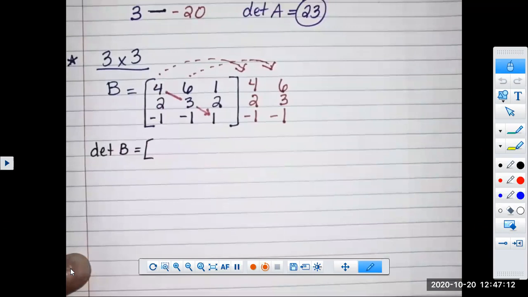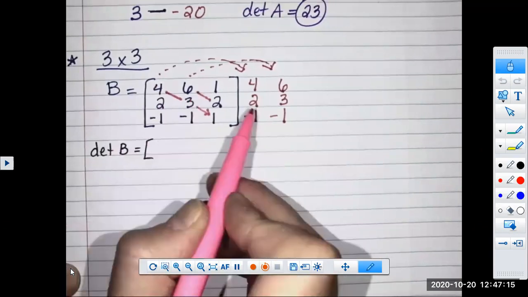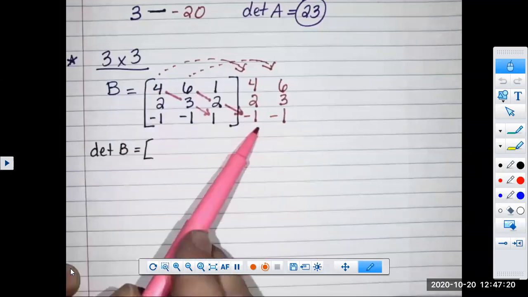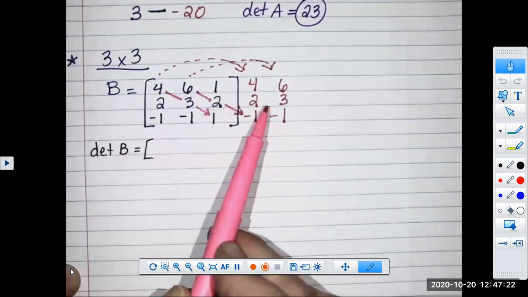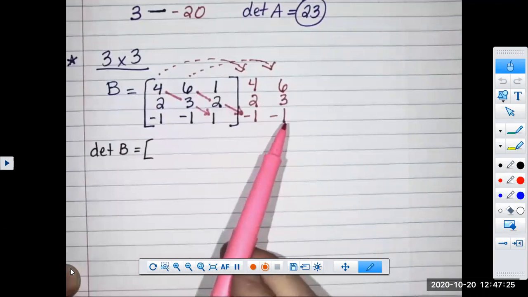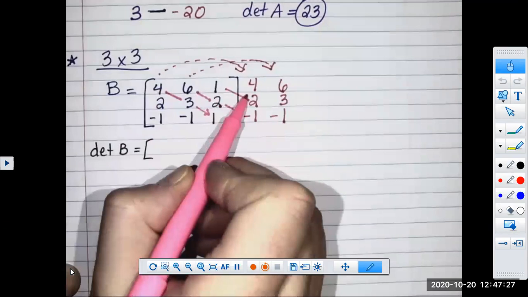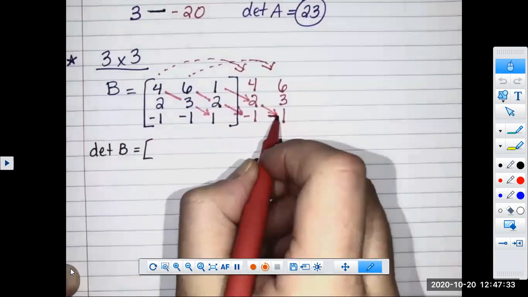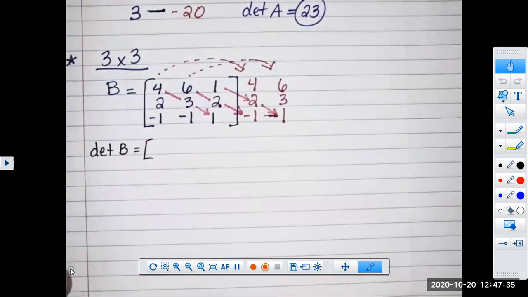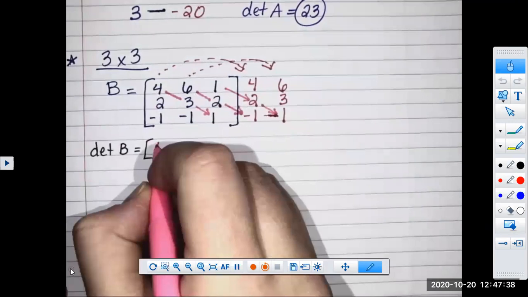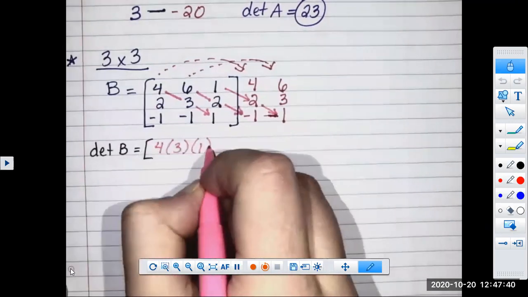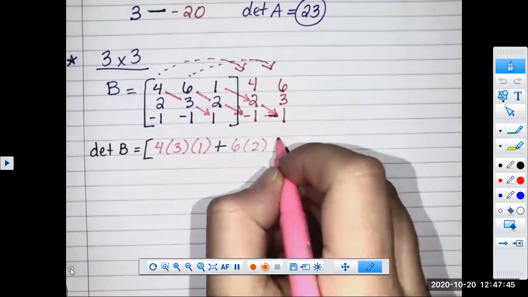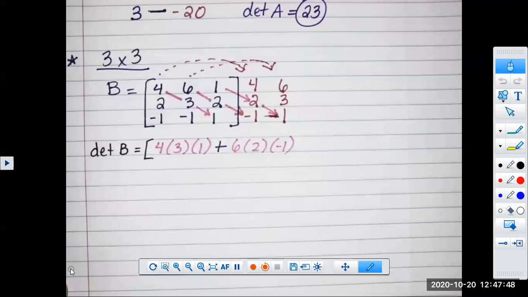What are your next three numbers that get multiplied? You go this direction all the way down until you reach the very bottom right number. Yes, you multiply all those numbers and add them all together.